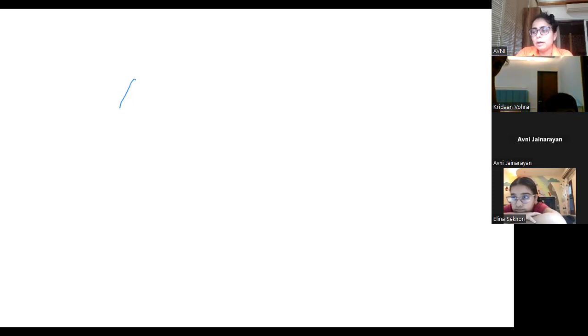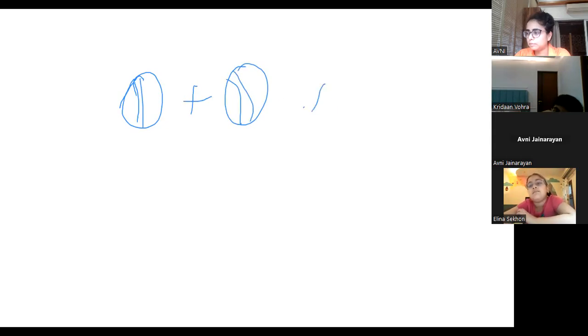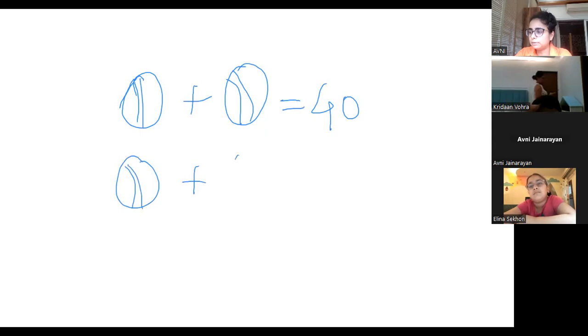So, have you ever come across this puzzle that I am drawing, Alina? See, I have a ball. And then I have a ball and a bat. Naisha, we have just started. You haven't missed anything.